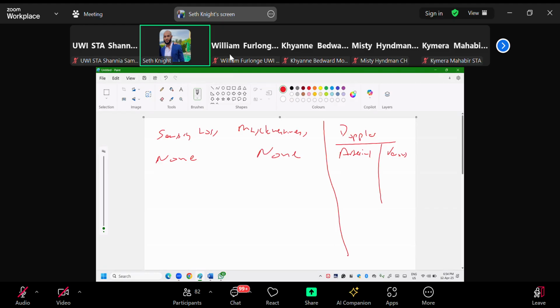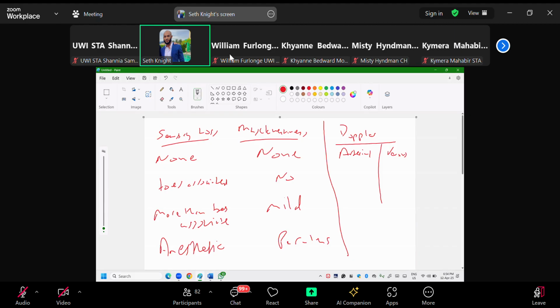The limb can be threatened if they have the toes associated in terms of sensory loss with no muscle weakness, or if they have more than the toes associated in terms of sensory loss with mild muscle weakness. The other thing is this patient could have complete sensory loss, that is anesthetic. So they cannot feel anything, and they could have complete muscle weakness, that is paralysis.